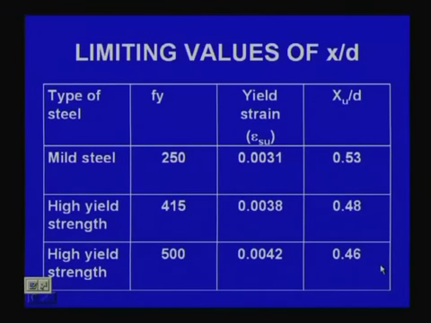At least you should remember these two values, 0.0035 for concrete and for the steel maximum used Fe415 0.0038, and we can get the limiting values xu by d: 0.53, 0.48, 0.46. So from that equation we can get 0.53, 0.48, 0.46. So again you please note this value 0.46: xu by d limiting value 0.46 when Fe415 is used.